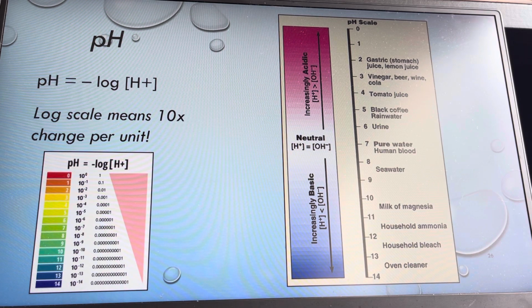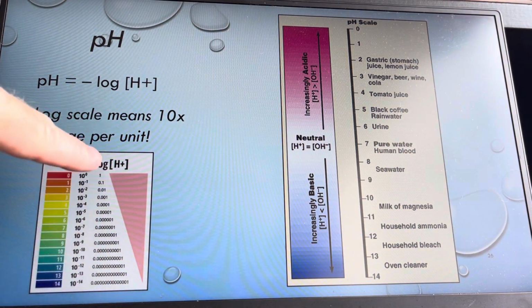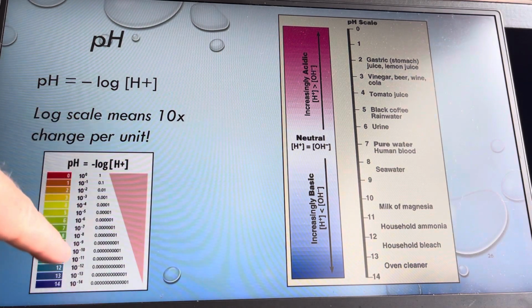So that's what it means to be on a logarithmic scale. And you can see the changes in decimal places here, okay? So times 10, times 10 to the something power, 1, 2, 3, 4, 5, 6, 7, 8, 9, all the way.